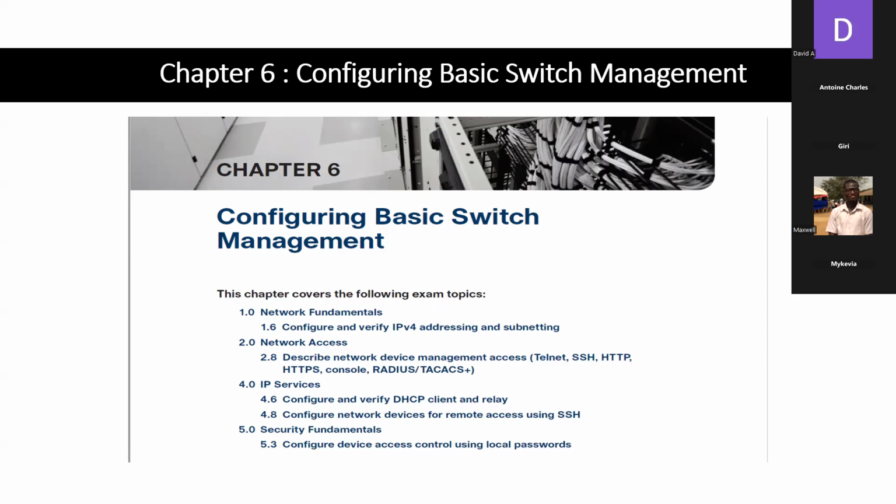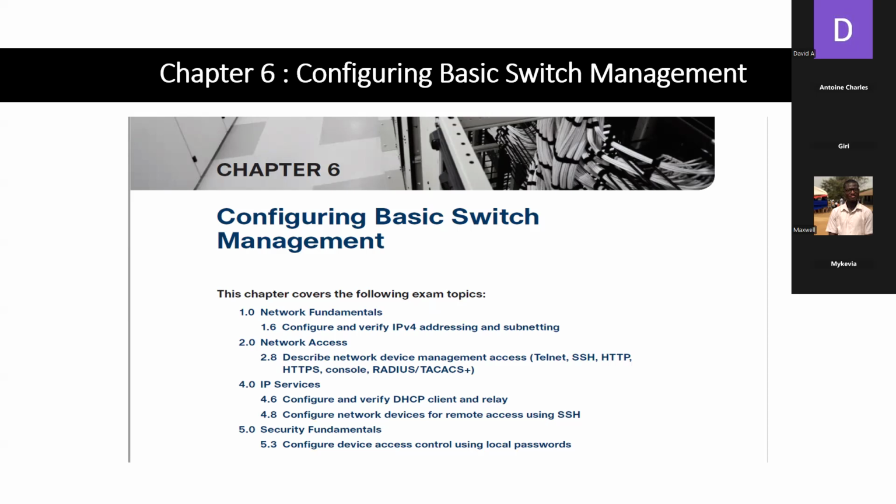So that's using different application protocols: Telnet, SSH, HTTP, HTTPS, console. Just to take a step back, HTTP is hypertext transfer protocol, and HTTPS is hypertext transfer protocol secure, and RADIUS and TACACS Plus, TACACS Plus being the protocol developed by Cisco.